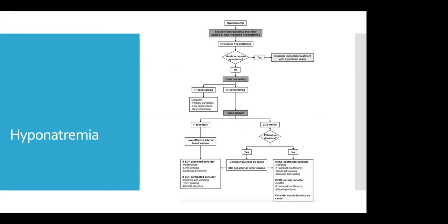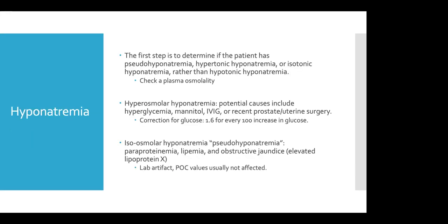I actually am going to go through this one instead because it's a little easier to go through, and it makes a little more sense stepwise in your head than the first one. So, like you said, the first step is to determine if they have either pseudohyponatremia, hypertonic, or isotonic hyponatremia, rather than true hypotonic hyponatremia.